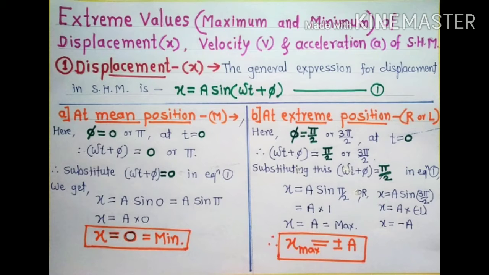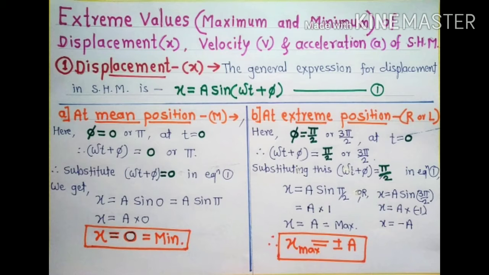Sin 0 is equal to 0, and sin pi is also 0, and therefore x is equal to A into 0, that is x is equal to 0. This 0 value means the minimum value, and thus at mean position the displacement x is minimum, that is 0.